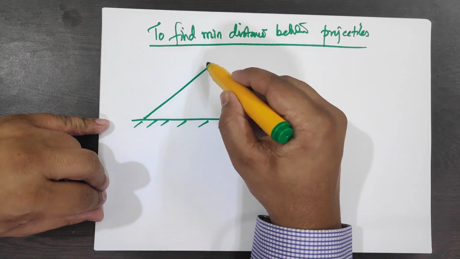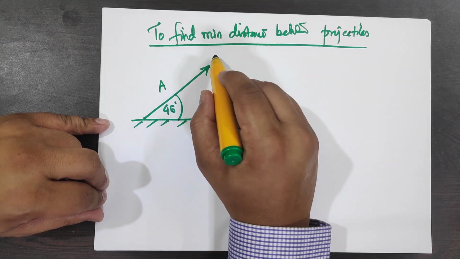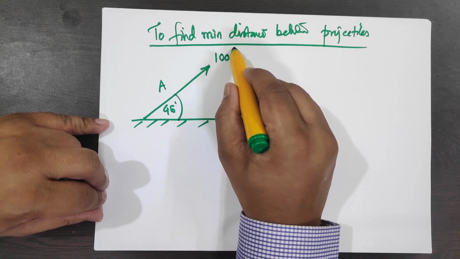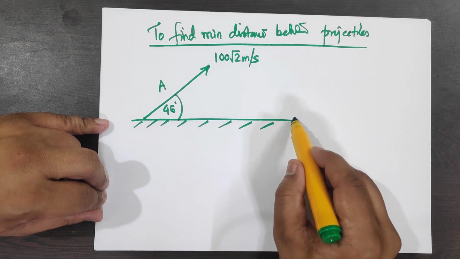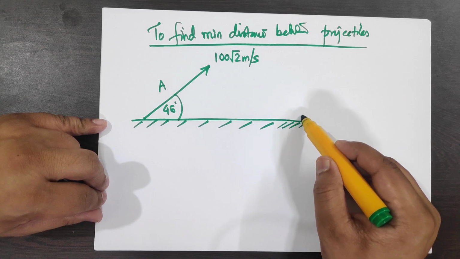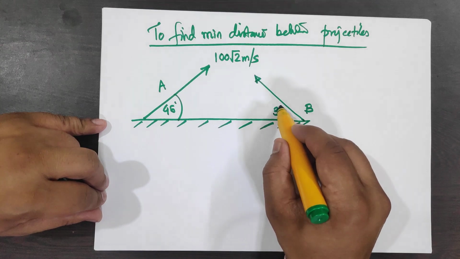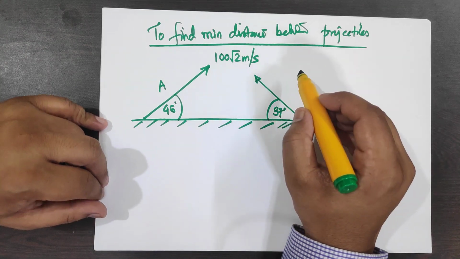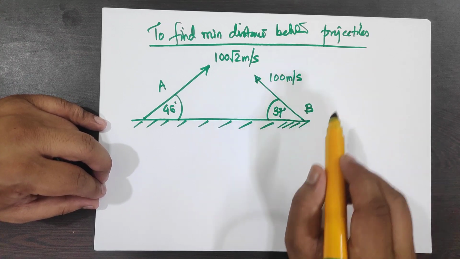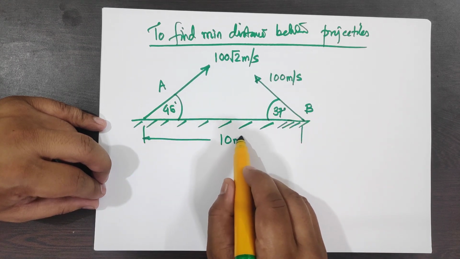Now this projectile A is fired at this angle 45 degree at a velocity of say 100 root 2 meter per second, and projectile B is fired at 37 degree with a velocity of, say, 100 meter per second, and the distance between the projectiles happens to be 10 meter.